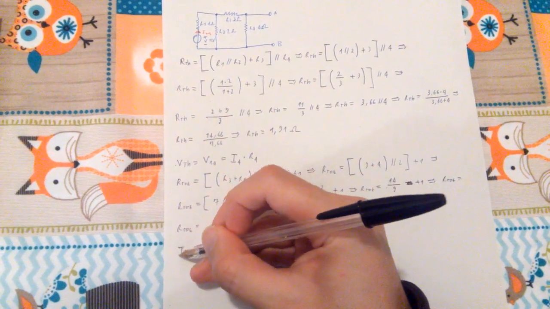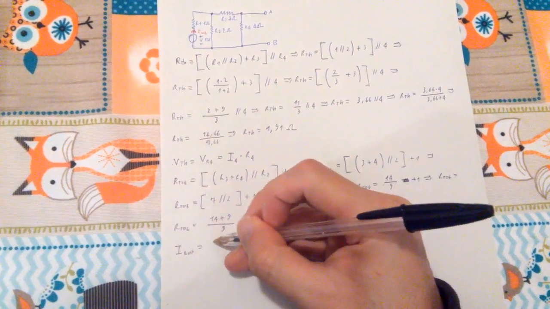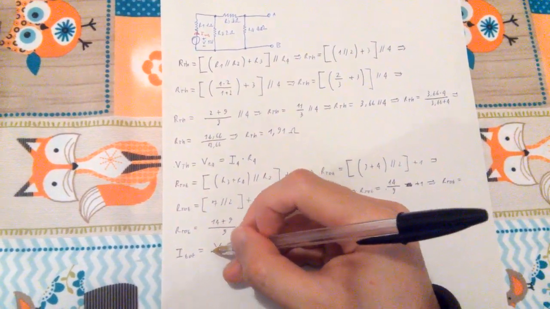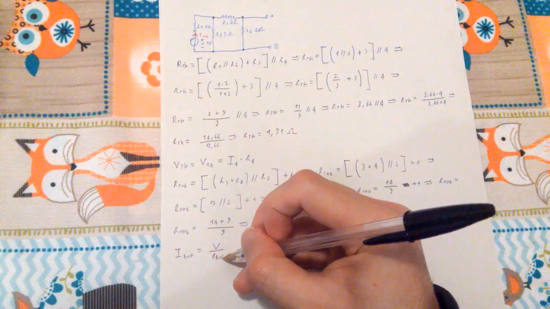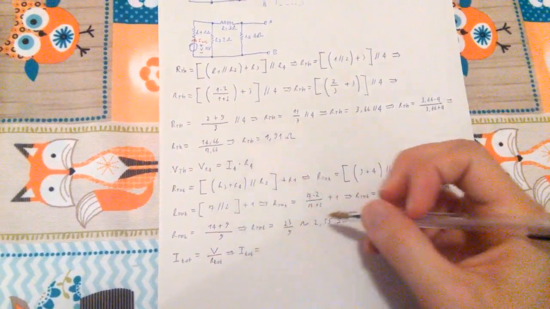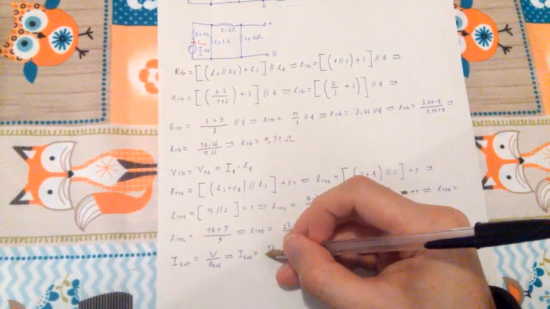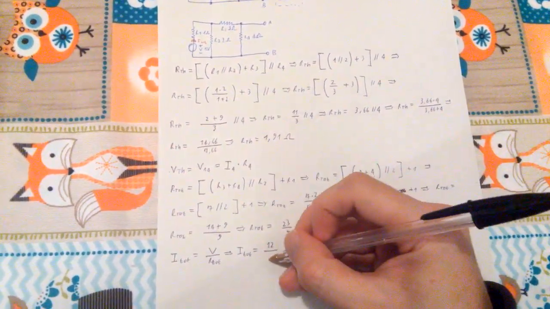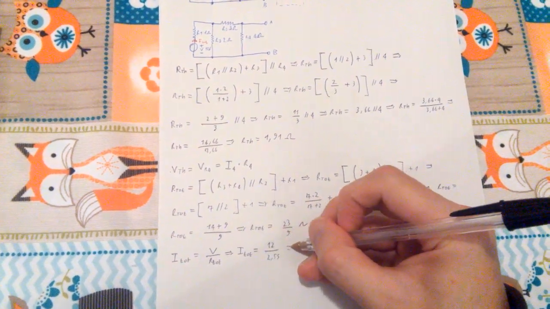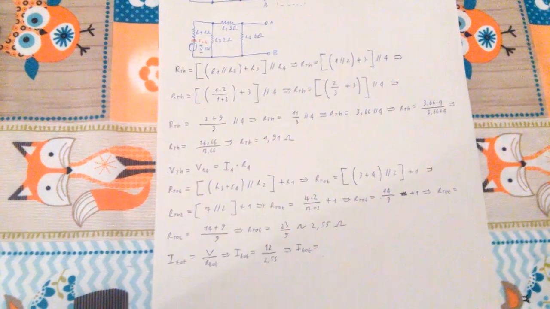So I total will be V over R total, which we have just found. So I total is 12 volts over R total, which is 2.55.